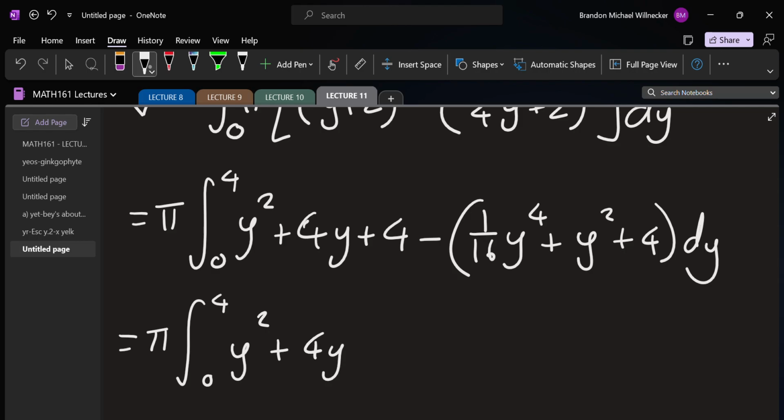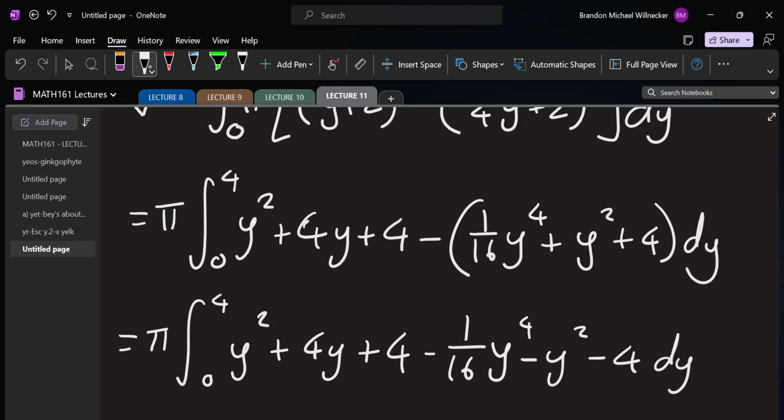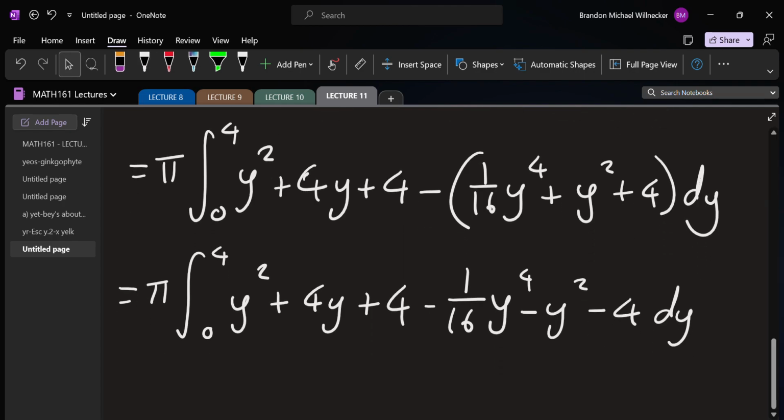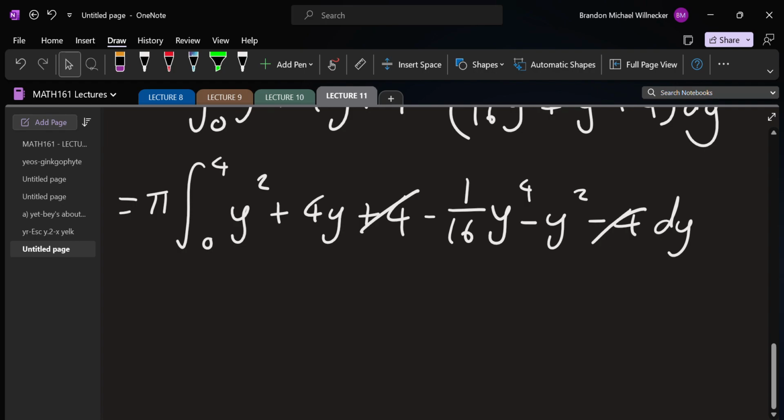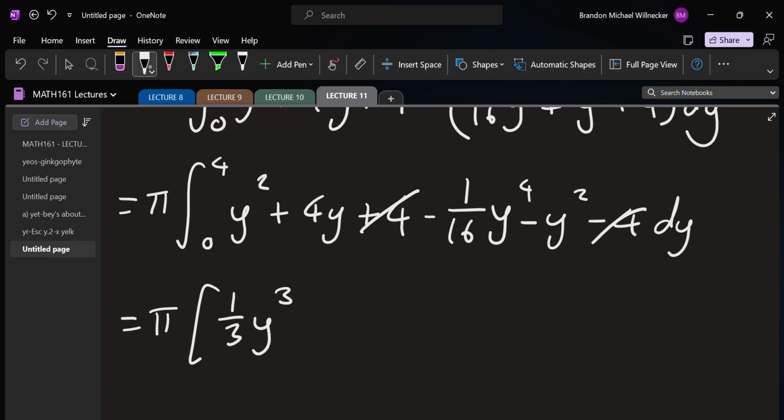And then we can just take the minus sign inside and simplify. So this will be pi integral from 0 to 4, y squared plus 4y plus 4 minus 1/16 y to the 4 minus y squared minus 4. Okay, we've got a plus 4 and a minus 4, so they can go. And then we just integrate as normal.